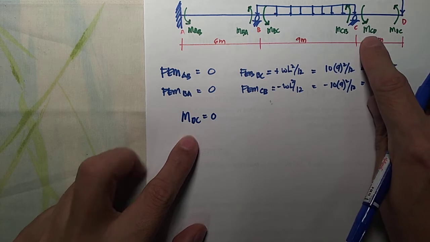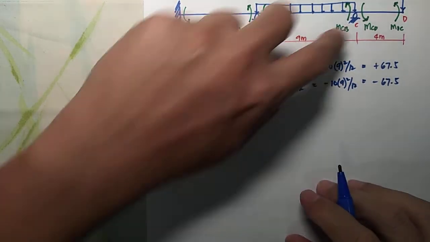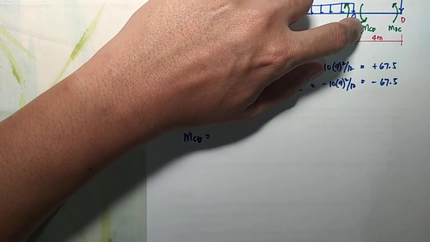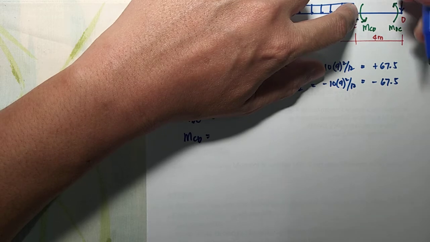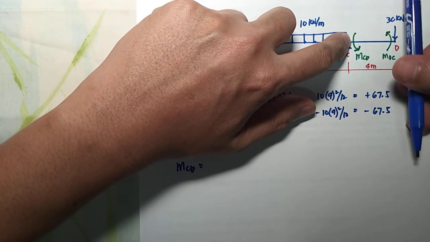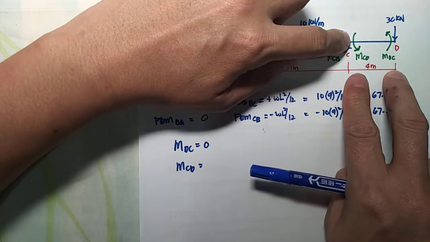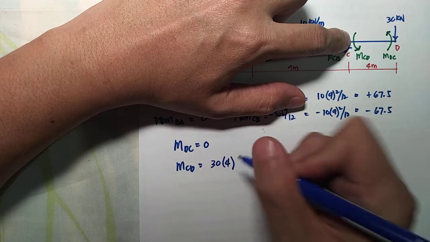How about the moment on CD? The moment on CD is actually determinate. We can easily determine the moment at CD by cutting a section at this point, and that would be 30 kilonewton downward times the moment arm of 4. So that would be 30 times 4.